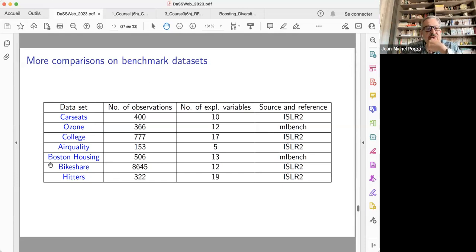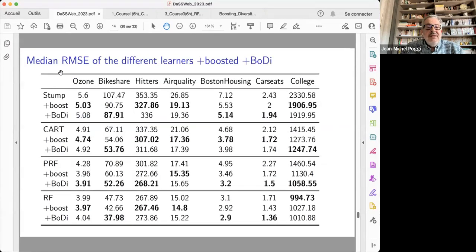So we have considered some well-known benchmark data sets. We have here the number of observations, here the number of explanatory variables, and the R package from which you can retrieve the values. So this is the median of root mean square error of the different learners: stump, CART trees, purely random forest, and random forest.